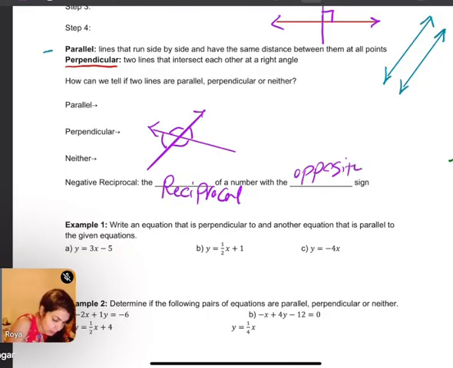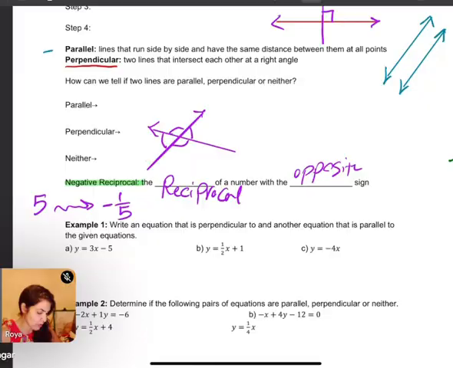For example, the negative reciprocal of 5 is 1/5, with the opposite sign. This is positive, it becomes negative.